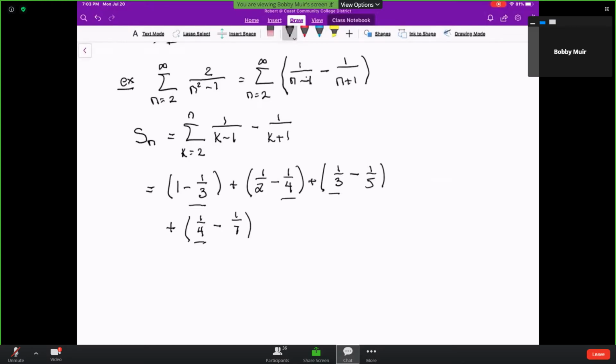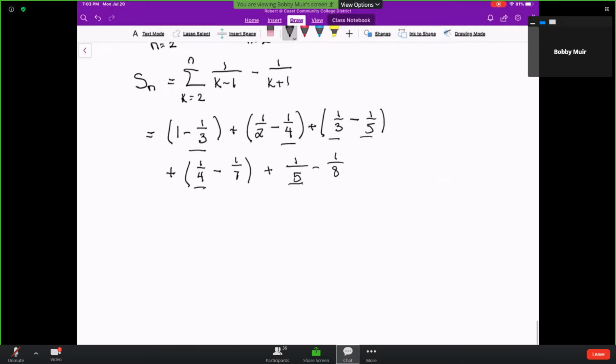So keep going with this. 2, 3, 4, 5. When k is 6, 1 over 5 minus 1 over 7. And now that guy's canceling. Okay, so in the next one, the 7th will cancel.